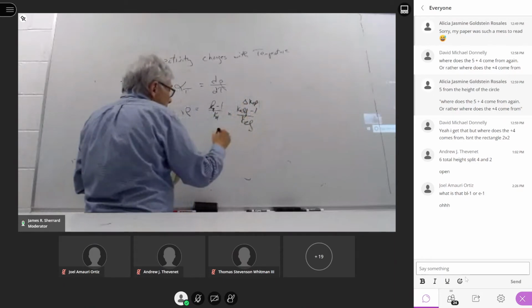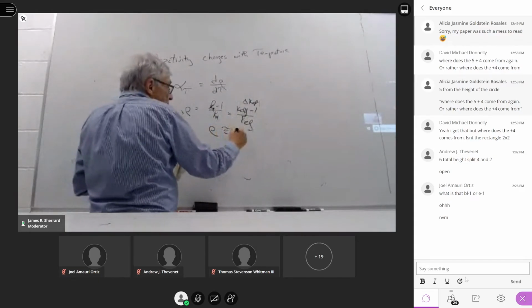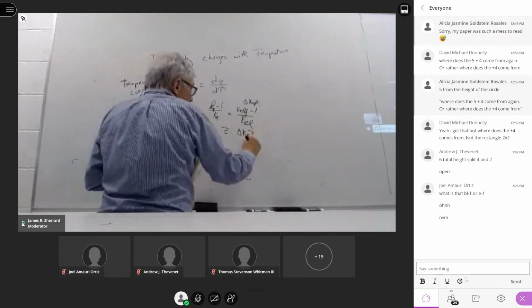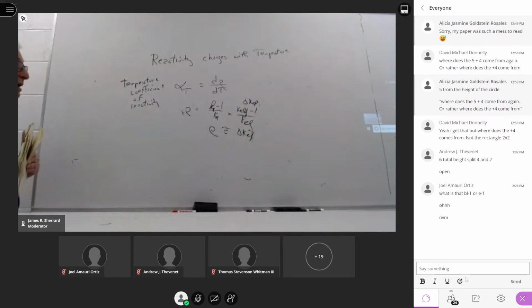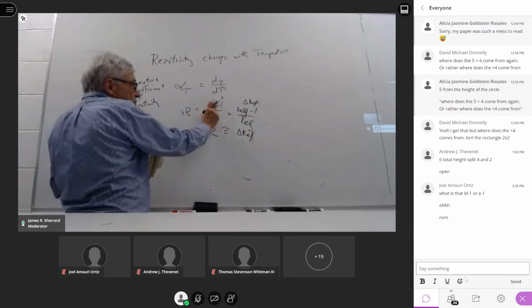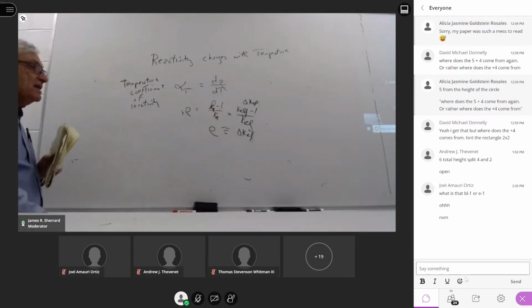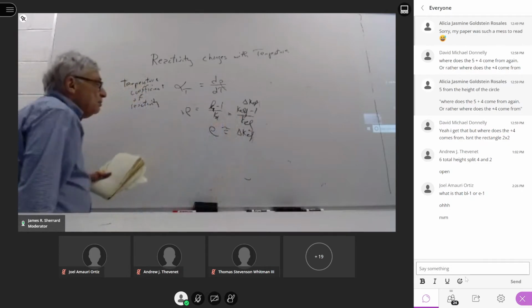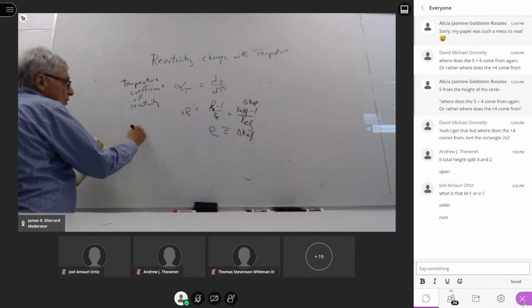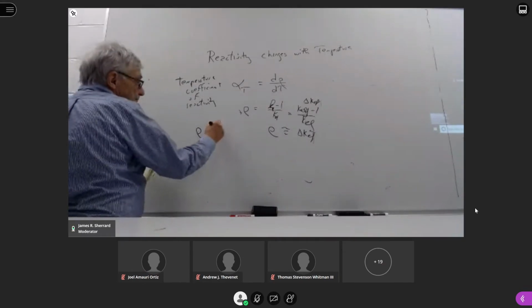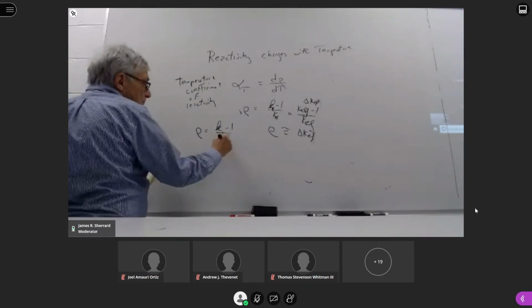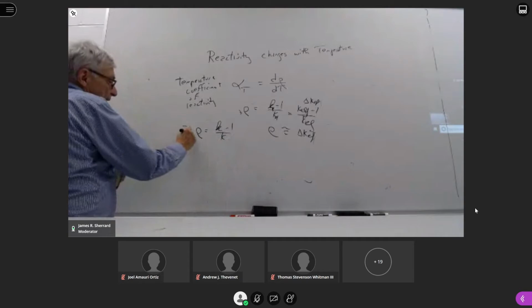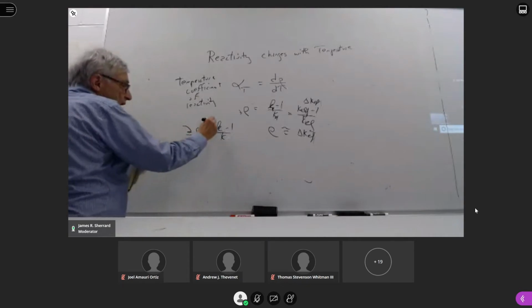Since this is 1, reactivity is essentially equal to delta K effective. And what I'm looking at is I'm going to look at small changes, because that's how we tend to operate the reactor, is very small changes. So I'm looking at reactivity, and I'm going to look at how does that change with time.